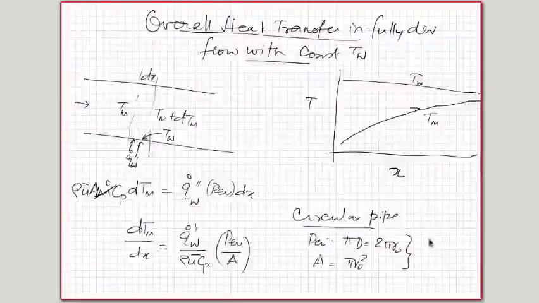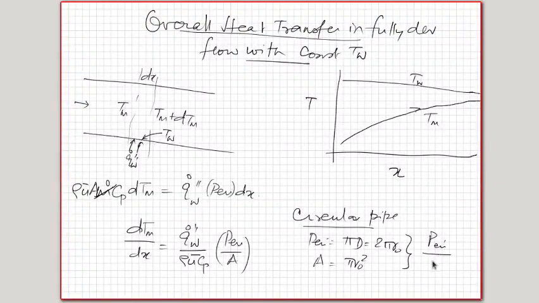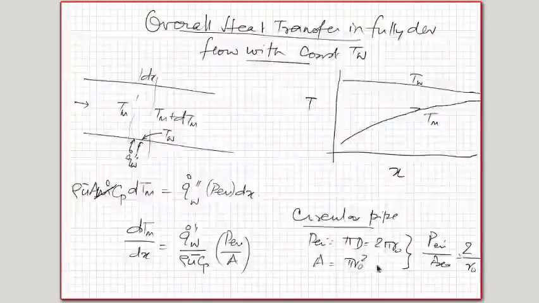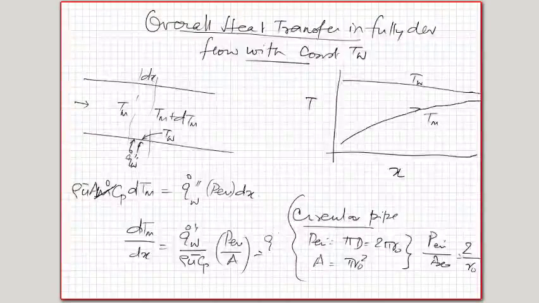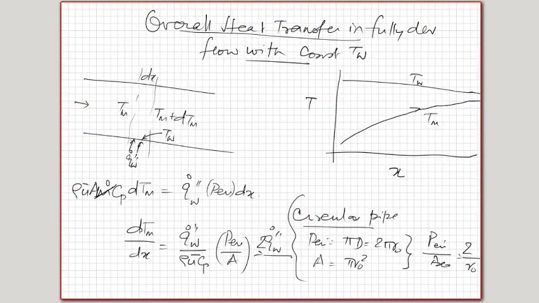So perimeter by area will actually be 2 by r naught, right? So that is the expression: 2 pi r naught divided by pi r naught square. The pi would get cancelled, you get 2 by r naught. So I can write this as dTm by dx is equal to Q dot double prime into 2 divided by rho u bar Cp r naught. Okay, so this is the expression that we would get.